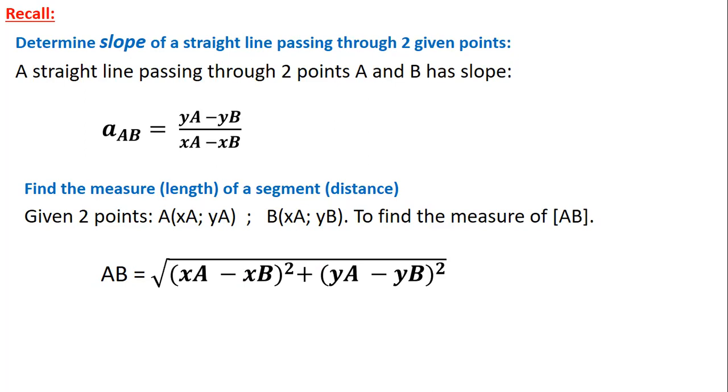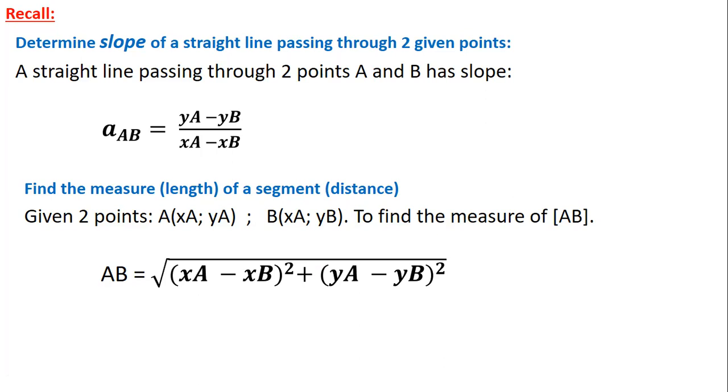So a straight line passing through 2 points A and B has a slope, the slope of a straight line AB, equal to YA minus YB over XA minus XB. Again, YA is the ordinate of A minus the ordinate of B over the abscissa of A minus the abscissa of B. So this rule, we use it always to determine the slope of a straight line passing through 2 points A and B.